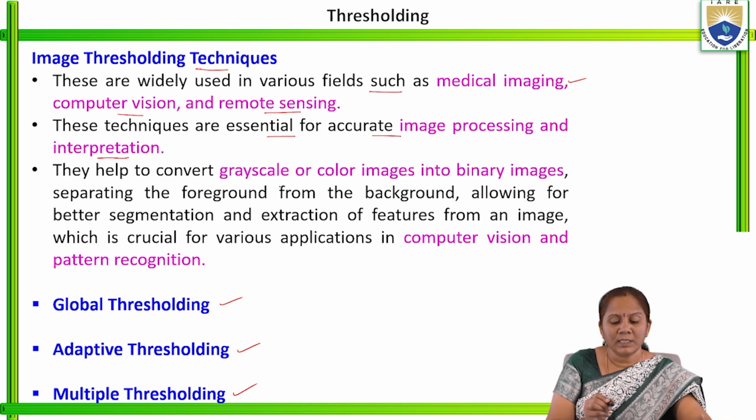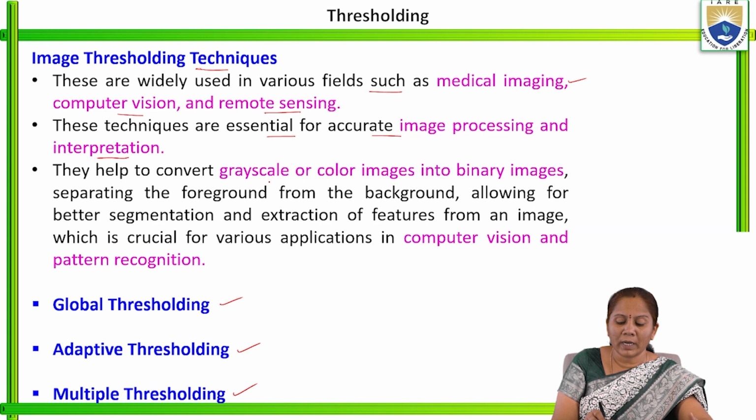So here this image thresholding technique is used to convert grayscale or color images into binary images, separating the foreground and background, allowing for better segmentation and extraction of features from the image.